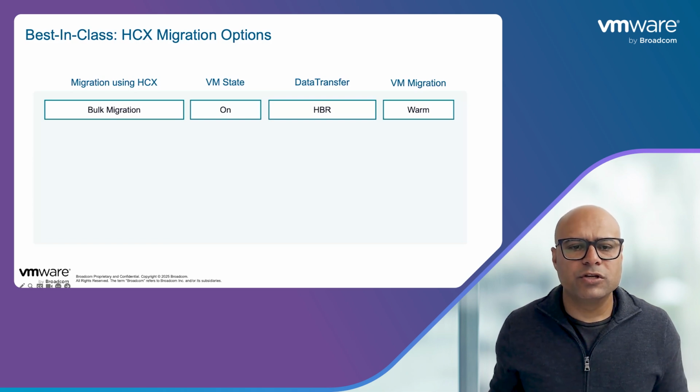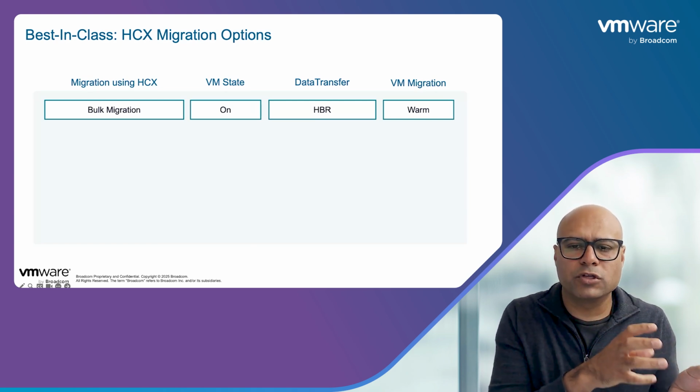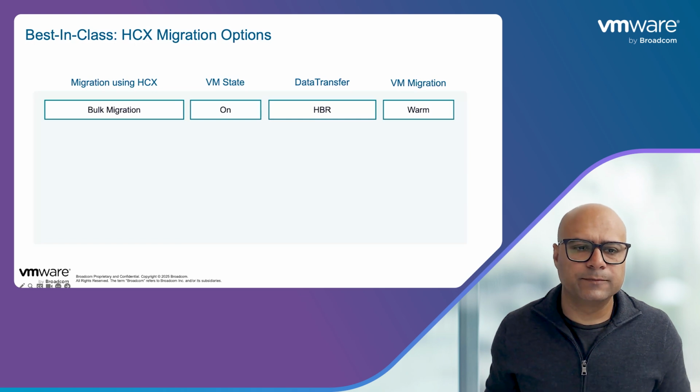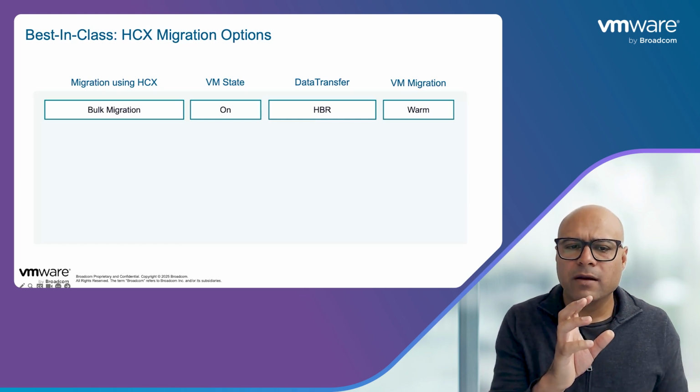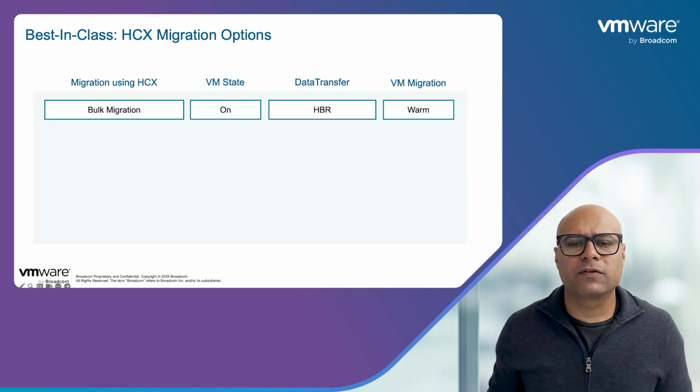HCX bulk migration uses the host-based replication protocol to copy the disk from the VM on the source side to the target side. The VM can remain powered on and in a normal state during the disk replication period. Once the disk replication is complete, the delta sync occurs on the disk.